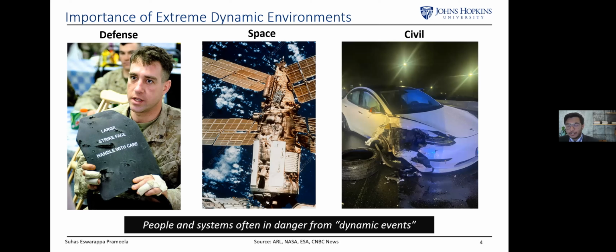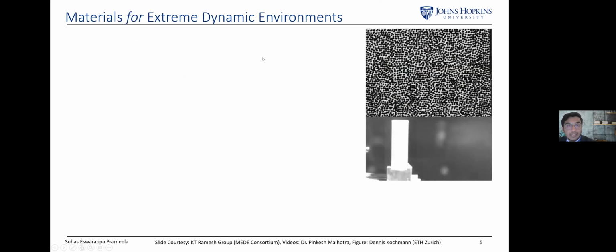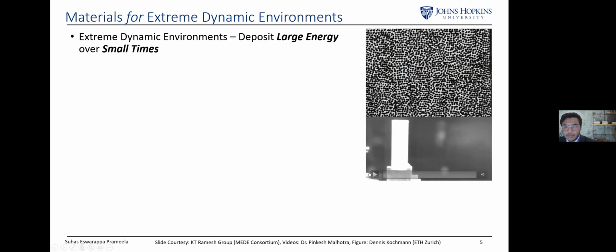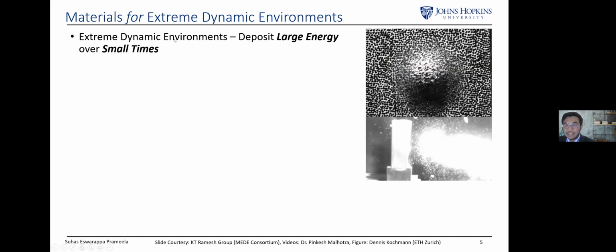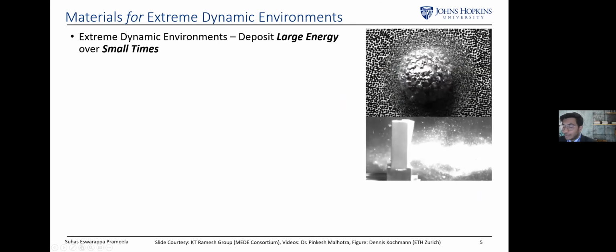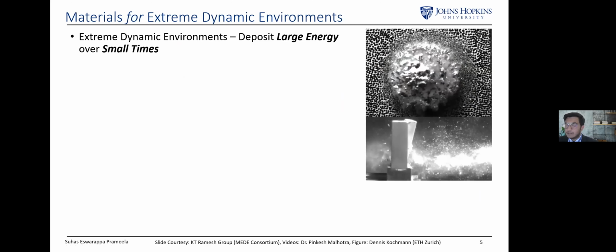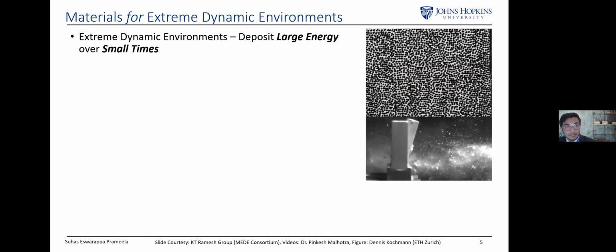And obviously, it's important for us to study some of these events, but also develop new materials for these dynamic events. So I want to give you a little bit more insight about extreme dynamic environments. We are depositing a large amount of energy over very small amounts of time.